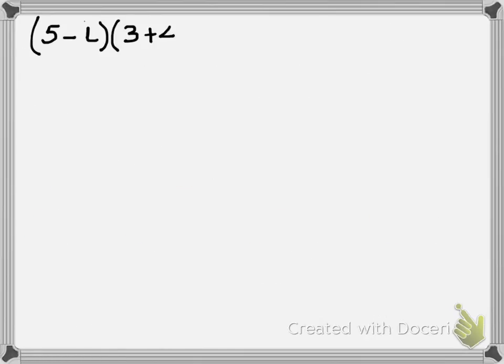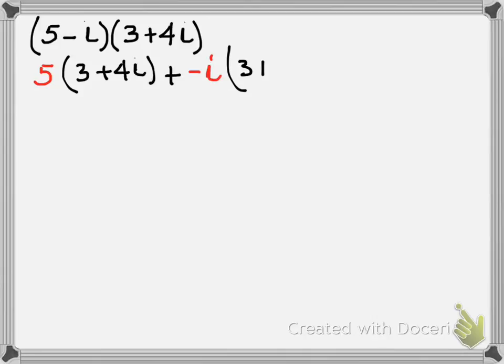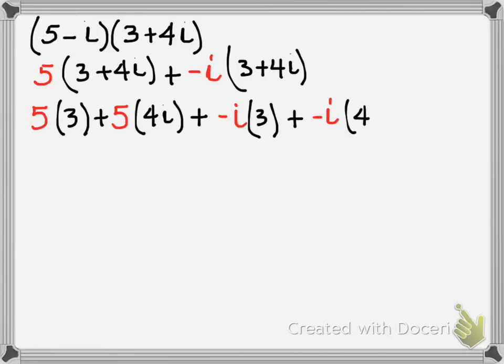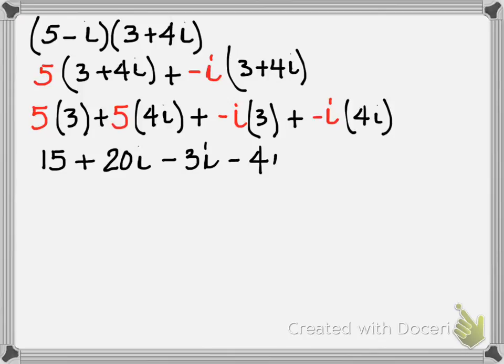Let us look at another one. So, 5 minus i, the expression, times the expression 3 plus 4i. We apply the distributive property as we had before. And now we have 15 plus 20i minus 3i minus 4i squared.